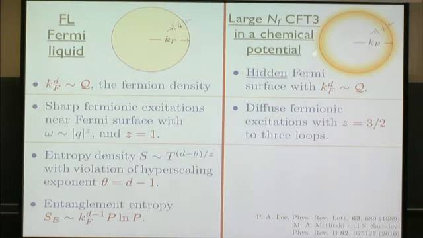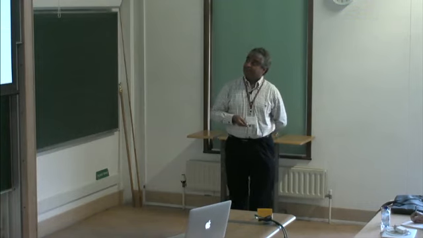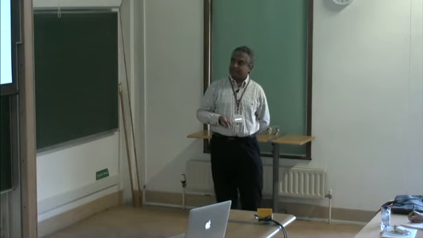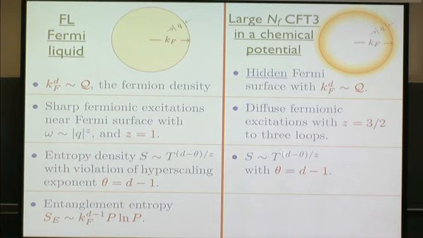In fact, because of the damping from the gauge bosons, you get some diffuse set of excitations with dynamic exponent z equals 3/2. But the other properties, the entropy density, when written in this clever way, and also the entanglement entropy, behave in the same way as nearly free electrons, and it's in this sense that this Fermi surface really is fundamental to determining the properties of the large NF expansion.